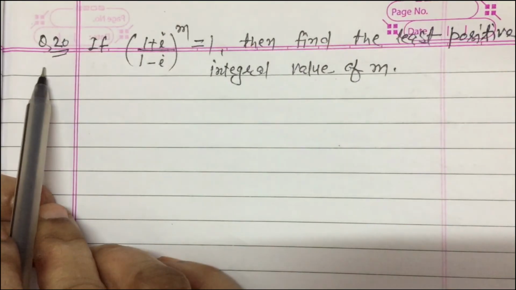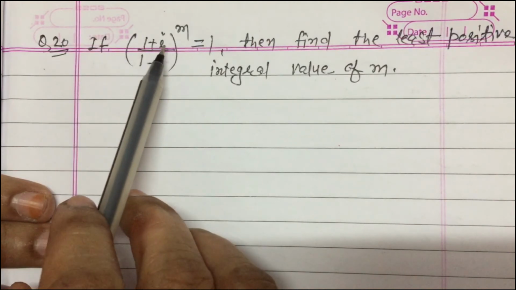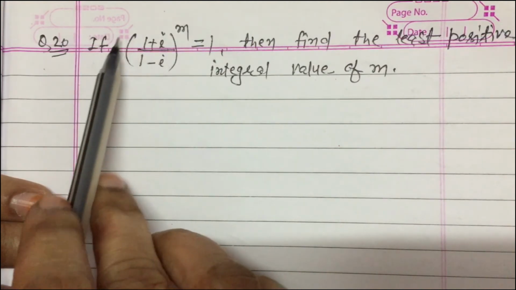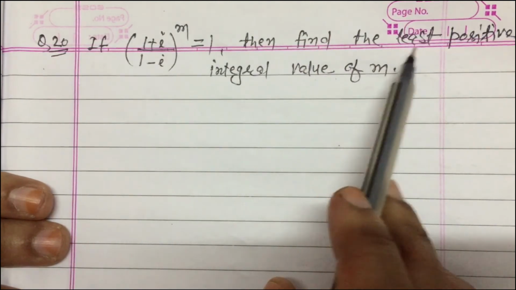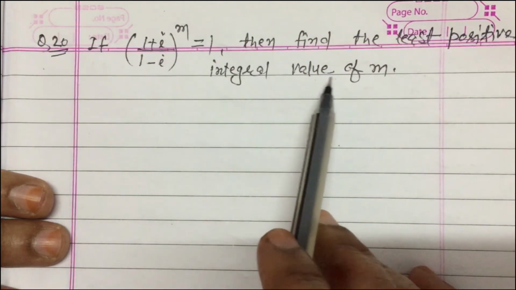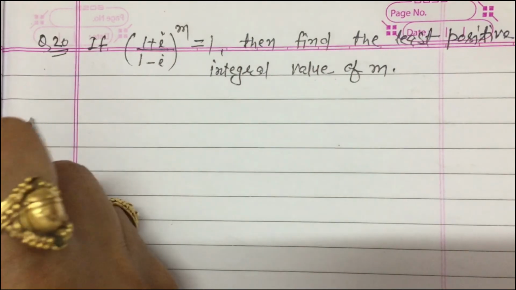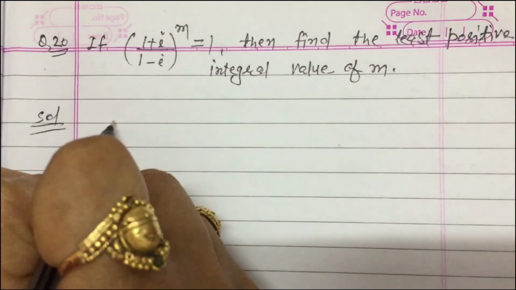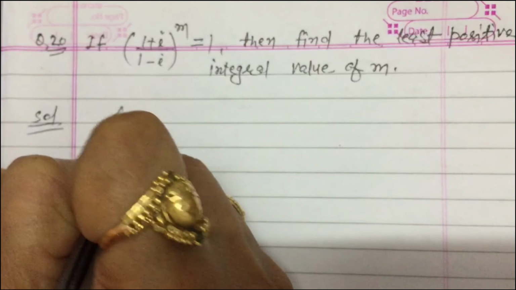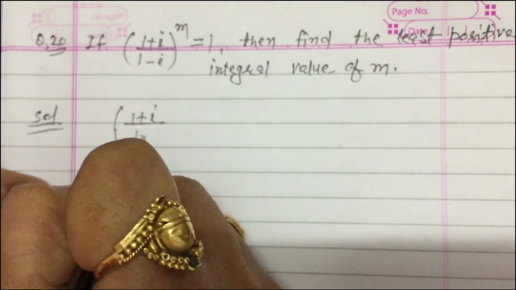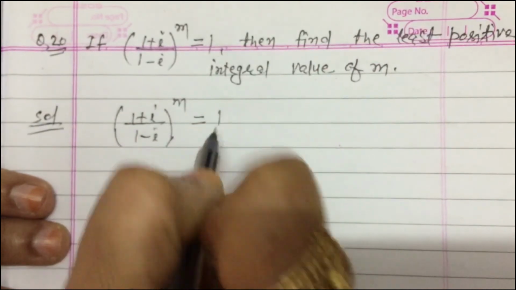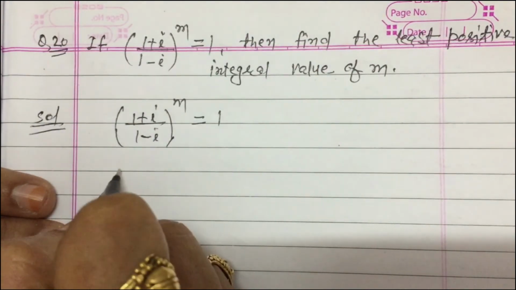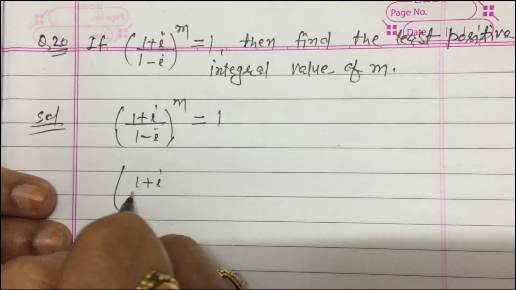Question number 20. If (1 plus i upon 1 minus i) whole power m is equal to 1, then find the least positive integral value of m. For this question, first (1 plus i) by (1 minus i) whole power m is equal to 1. It is given in the question. So first we rationalize it.